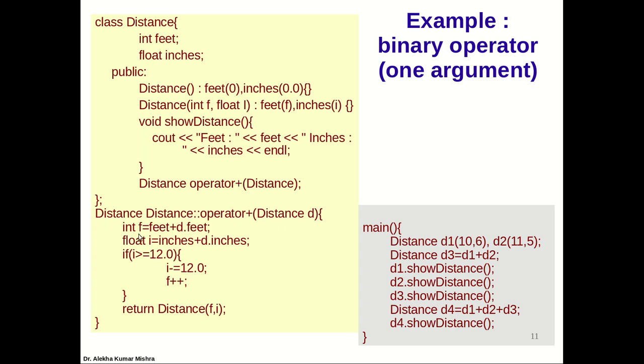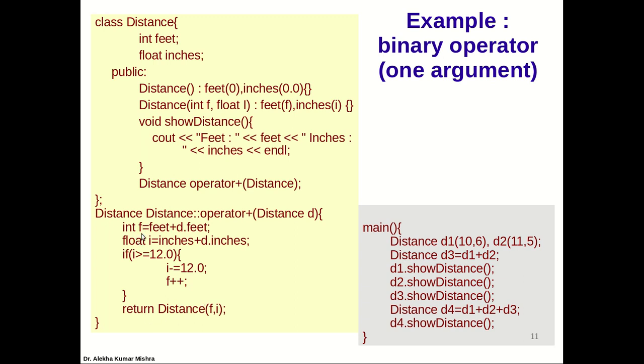We take temporary values: f is the feet value of the first object added to the feet value of the second object, and similarly I is the inches of the first object added to the second, stored into temporary values f and I. Now if I is greater than or equal to 12, we subtract 12 from I and increment the value of feet, because we carry forward one.